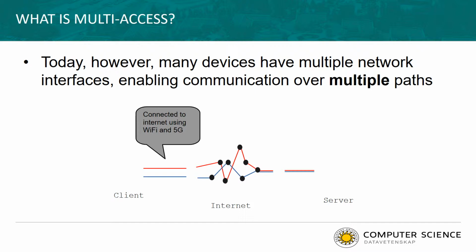In the example in the slide, we see that the connection from the client goes both over Wi-Fi and over 5G. We have multiple paths throughout some portion of our connection, and then maybe again towards the server we have a single path. But our user devices today are typically multi-homed, and we can take advantage of that by communicating over multiple paths.